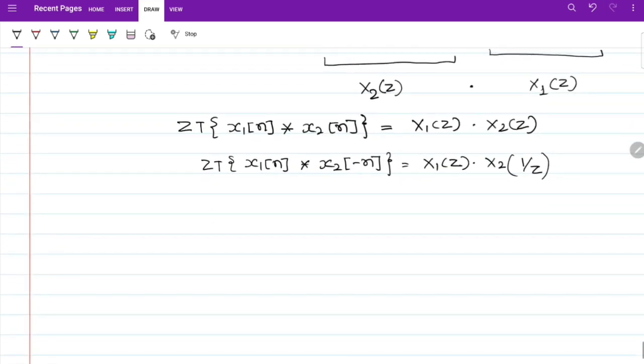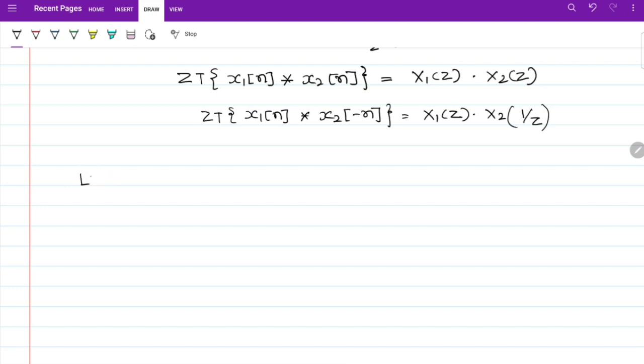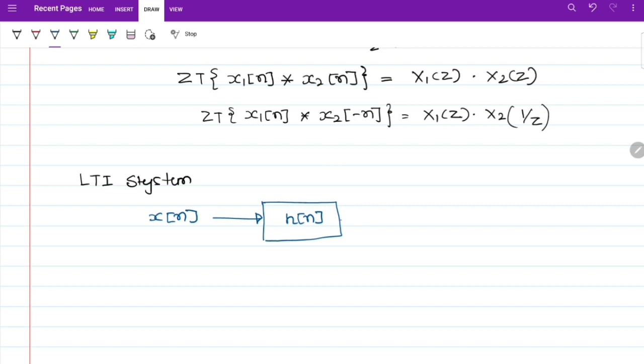so for LTI system, input is x of n and this is response h of n and output response y of n. So y of n is equal to x of n convolution h of n.